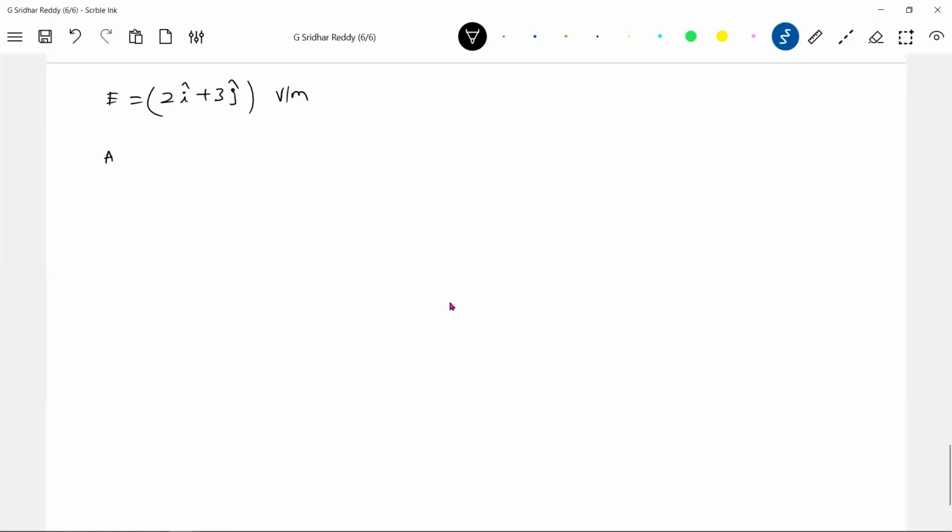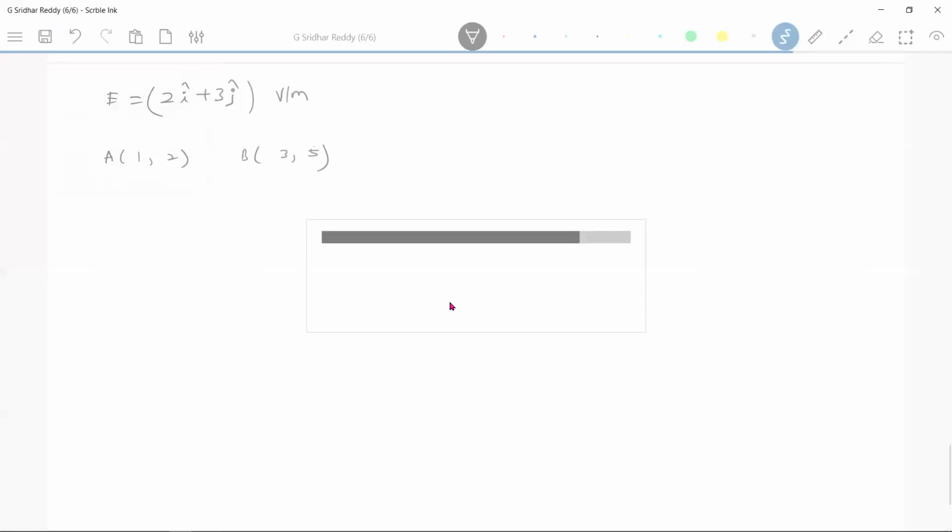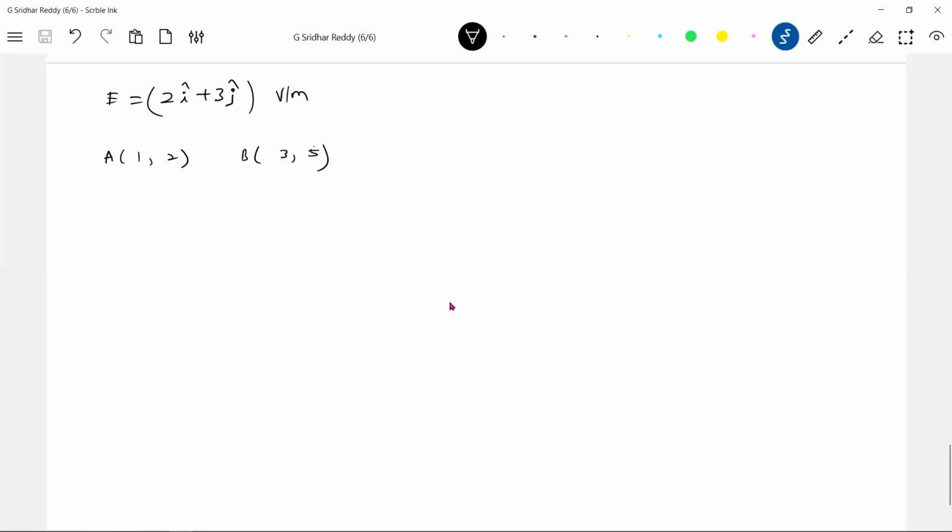So I'll take the points, let it be 1, 2 and 3, 5. There's a uniform electric field. I want the potential difference between these 2 points. How to calculate this? Find potential difference VAB. There's a uniform electric field.